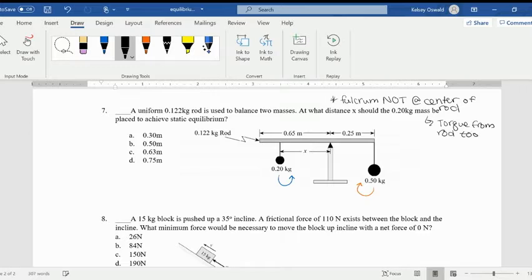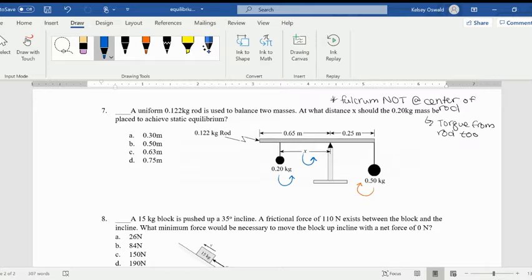If the rod was the only thing on that fulcrum, the longer end, our left side, that's 0.65 meters, would move downward, causing the other side to go up. So the rod itself would want to rotate counterclockwise, because the majority of the rod is on the left-hand side, pulling the left side down and the right side up.